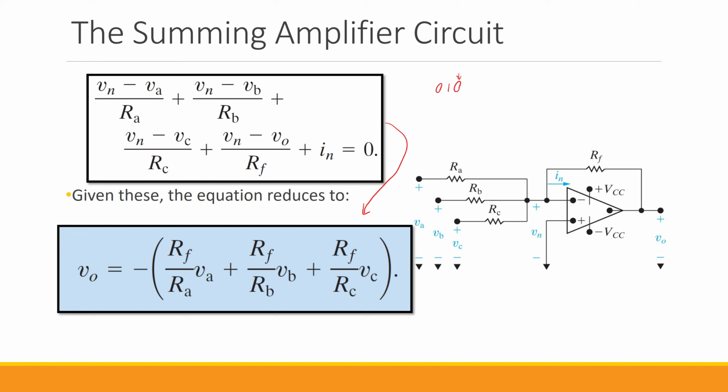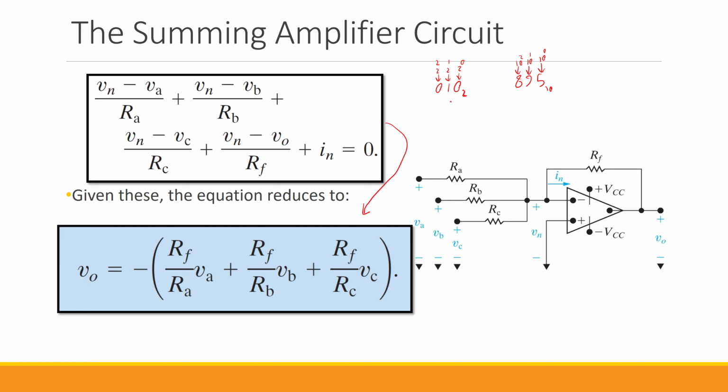For binary numbers, this one has a weight of 2 to the 0, this one has a weight of 2 to the 1, and this one has a weight of 2 to the 2. Similar to when you work with 895, this one has a weight of 10 to the 0 or 1, this one has a weight of 10 to the 1 or 10, and this one has a weight of 10 to the 2 or 100. So this is a base 10 number, and this is a base 2 number.